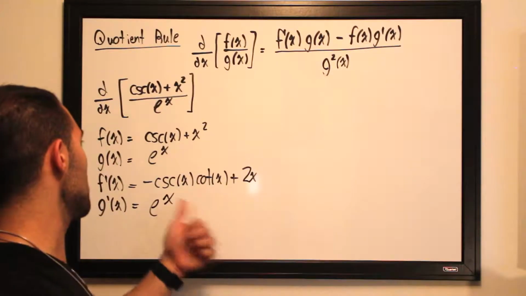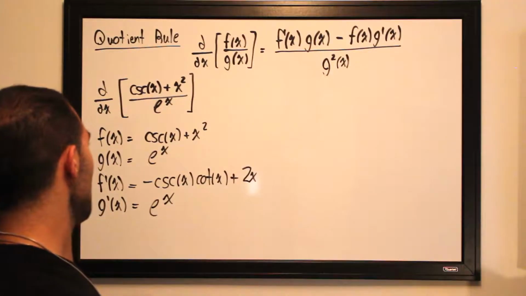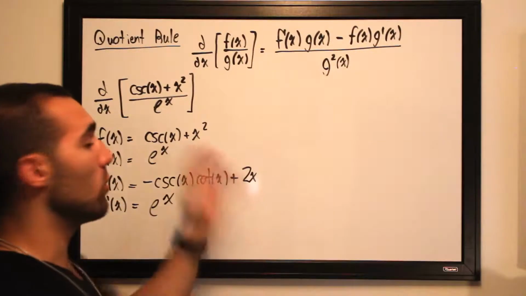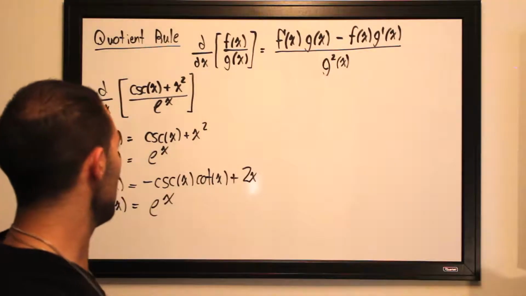Now we just plug these into the formula that we've got right up here. F prime times g, subtract off f times g prime, and then we divide the entire thing by g squared.